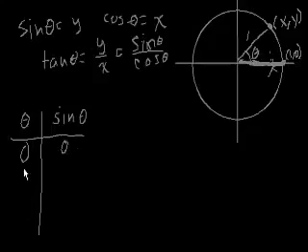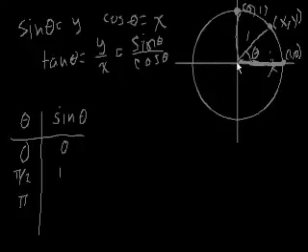If we said what is sine of theta when theta is equal to pi over 2, so now our radius is this radius, and we intersect the unit circle right here at the point 0, 1. And what's the y coordinate at 0, 1? Well, it's 1. What happens when theta is equal to pi radians?